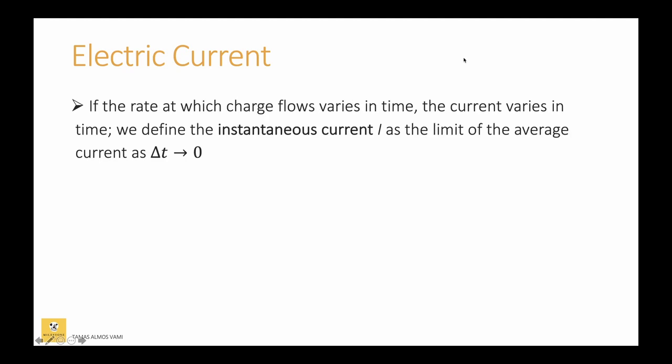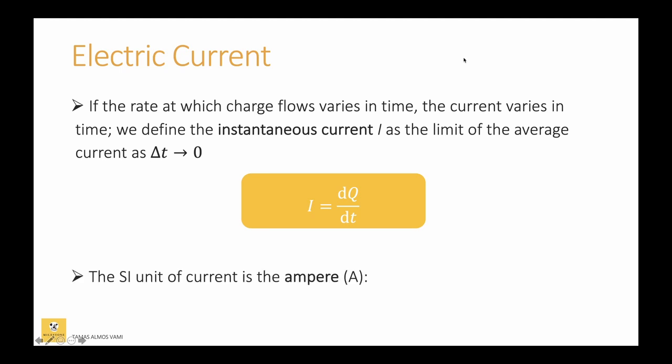So then we can go into the instantaneous current definition. That's the limit when this delta t time interval goes to 0. When that happens, this division of these two small things will become a derivative. Essentially, the current I is going to be the derivative of the charge by time.